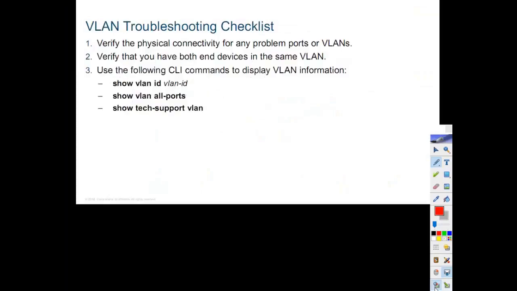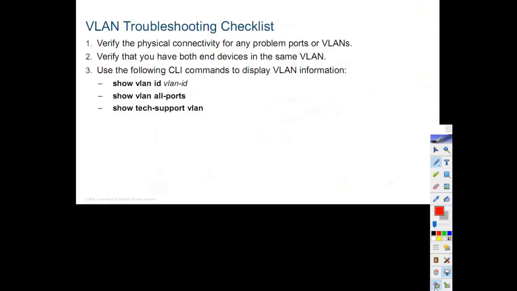These are the checklists for you to verify the VLAN. You can see right over here a troubleshooting checklist. Verify the physical, like I said earlier, always physical connectivity. Are they there for you, yes or no? Once they are there, the next thing you verify is whether they receive the same information. Look at the databases. Check the VLAN databases, check the data path, and make sure they are there.